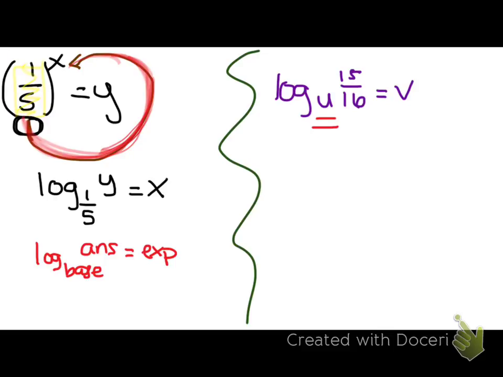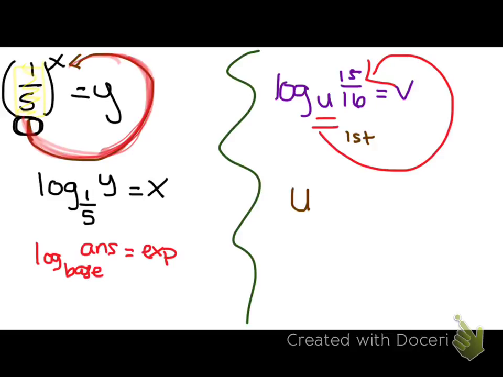So I'm going to start at u. If you already have the word log written there, if you're converting, I shouldn't see a log. So we're going from a logarithm to an exponential. I start with u. That's the first thing I put. What comes next? Is it v or 15 over 16?